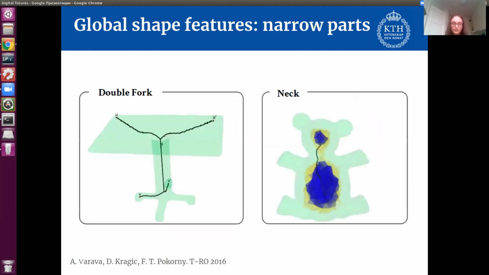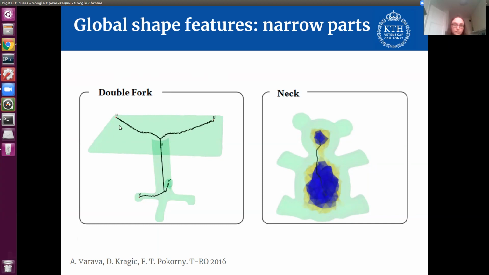So let's look a bit closer at this. The narrow passages or narrow parts here can be formulated mathematically as what we called double forks and necks in this work.